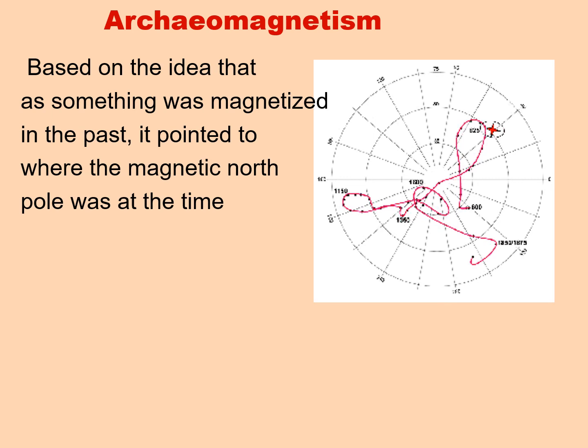So archaeomagnetism is based on the idea that as something was magnetized in the past, the particles in that object pointed to where the magnetic North Pole was at the time. So let's say you have an archaeological site here where the red X is.